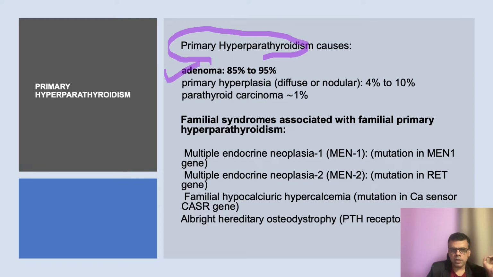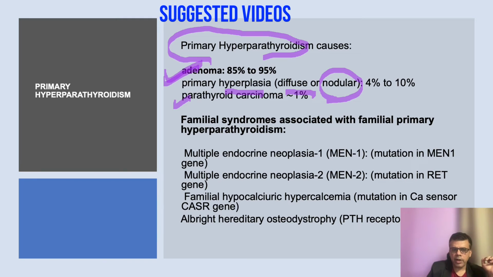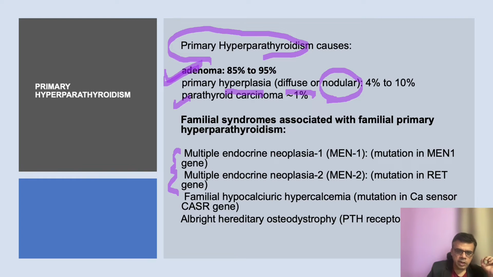So the common causes are adenoma, that is the important cause, a benign tumorous condition. Then hyperplasia without tumor, which could be diffuse or nodular hyperplasia, or rarely even parathyroid carcinoma. Familial syndromes can be a cause in some cases, like multiple endocrine neoplasia MEN1 and MEN2 syndrome, which are due to mutation of the MEN1 gene and RET gene respectively.